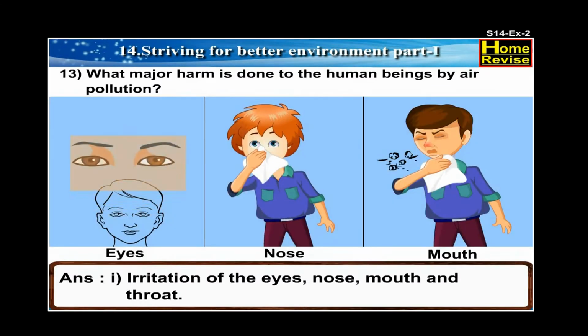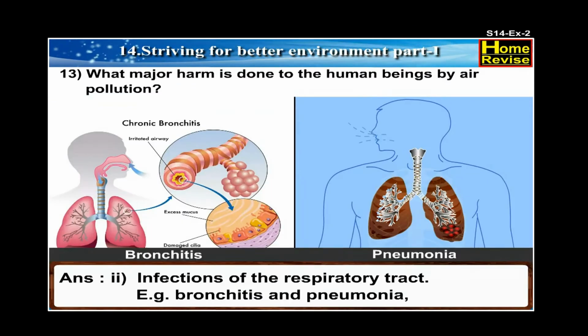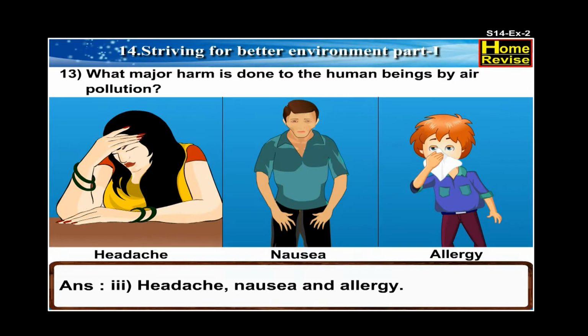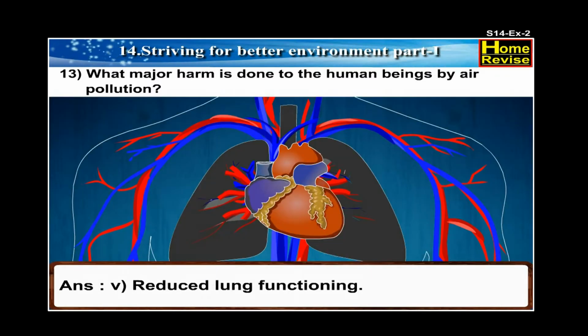First, irritation of the eyes, nose, mouth and throat. Second, infections of the respiratory tract, for example, bronchitis and pneumonia. Third, headache, nausea and allergy. Fourth, asthmatic attacks. And fifth, reduced lung functioning.